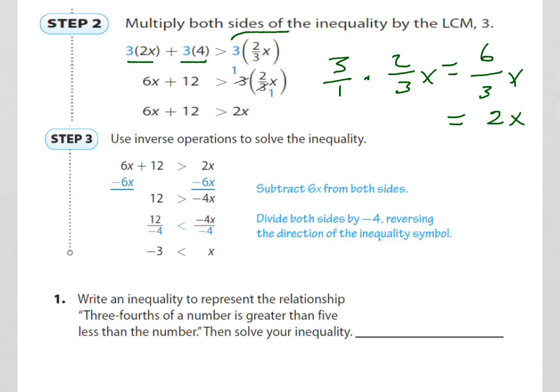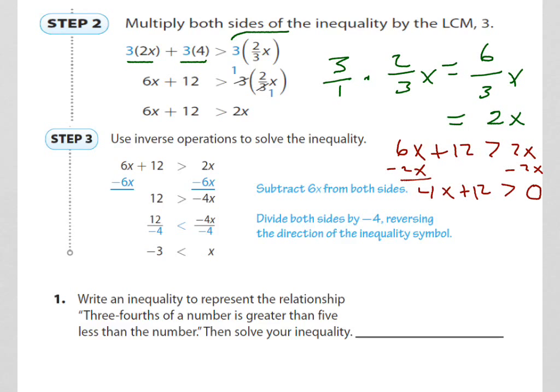Now what I was saying earlier is we could have taken this, let's see, do I have enough space to write it here? If I would have taken this 6x, so 6x plus 12 is greater than 2x, and if I were to subtract 2x here, that would give me 4x plus 12 is greater than 2x minus 2x, 0.